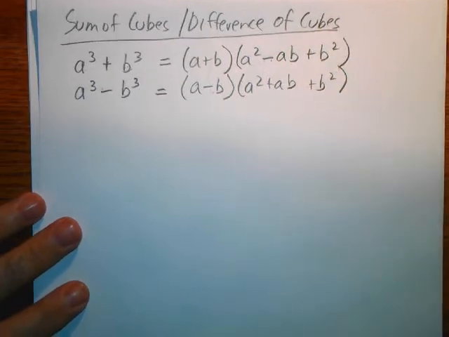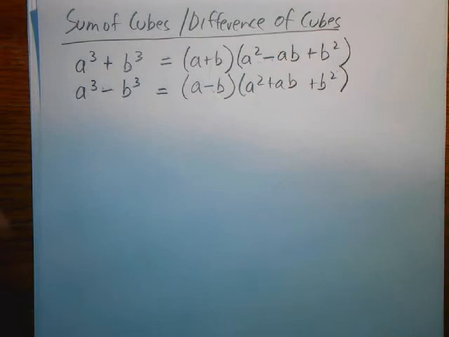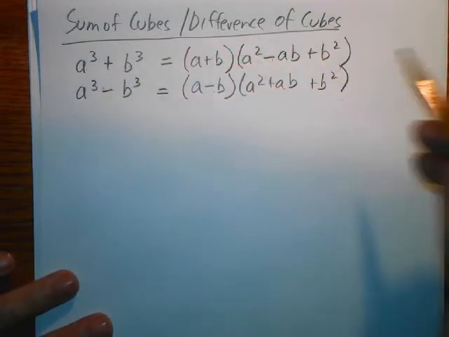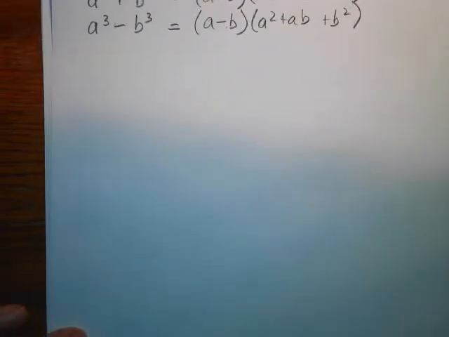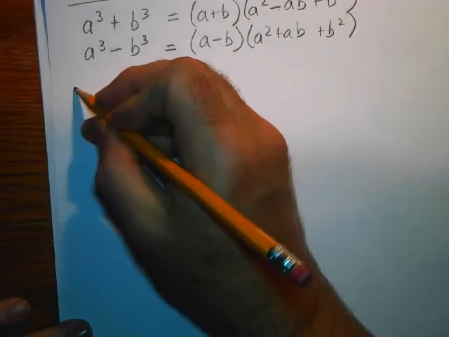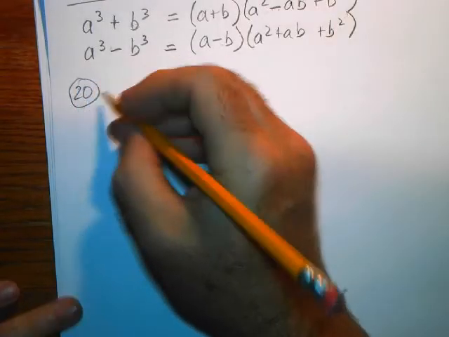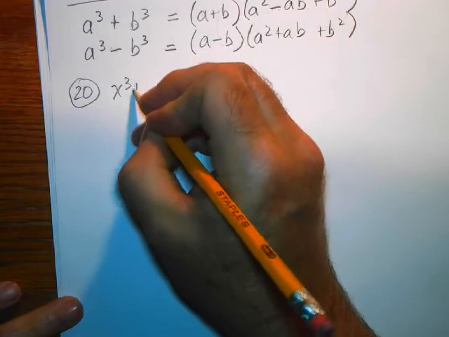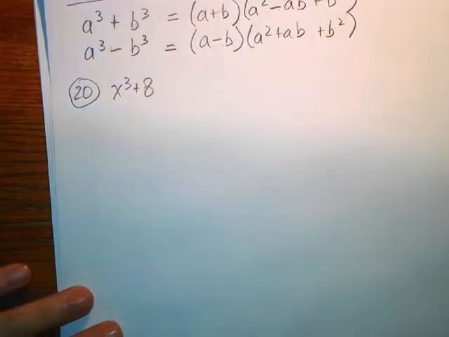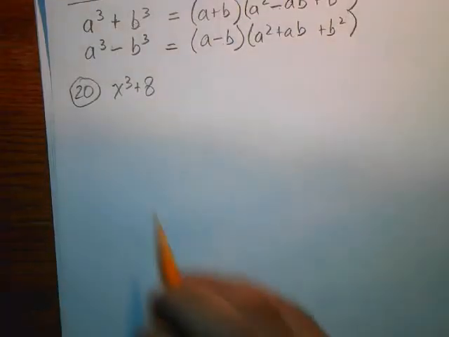Okay, so let's start off with something straightforward. x cubed plus 8. Again, you can do a check. You would check that it's two terms. Yes. A plus sign means it's the sum of cubes, and you can take the cube root.